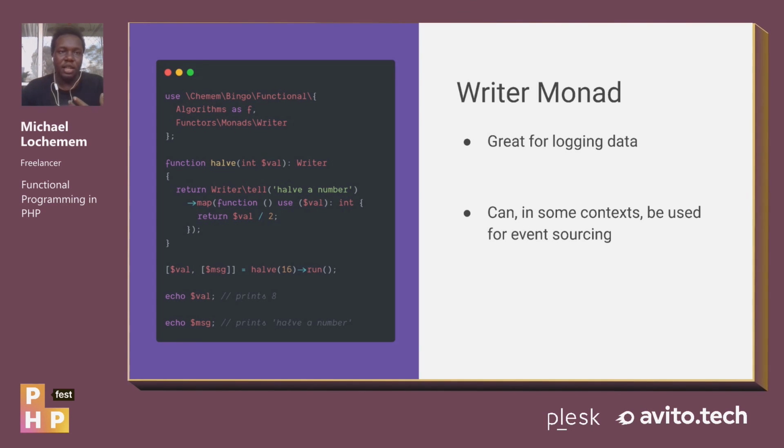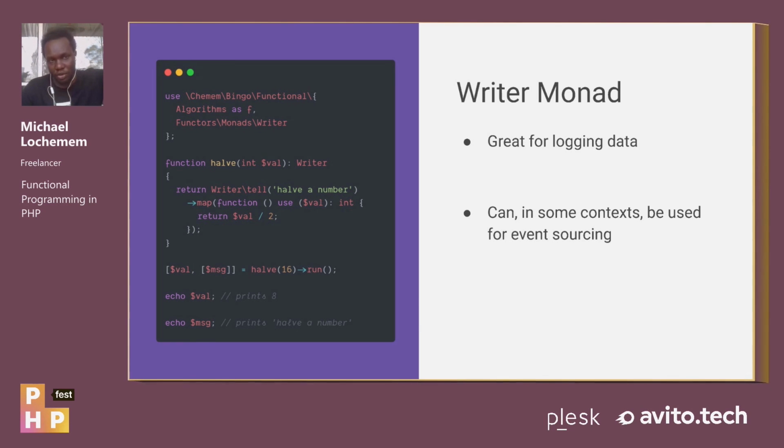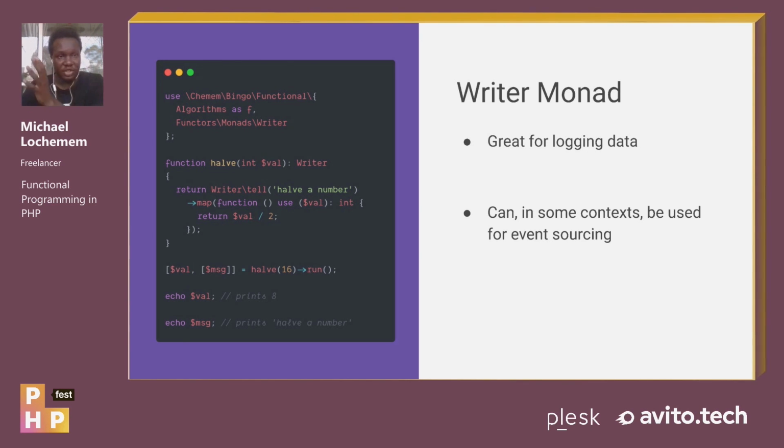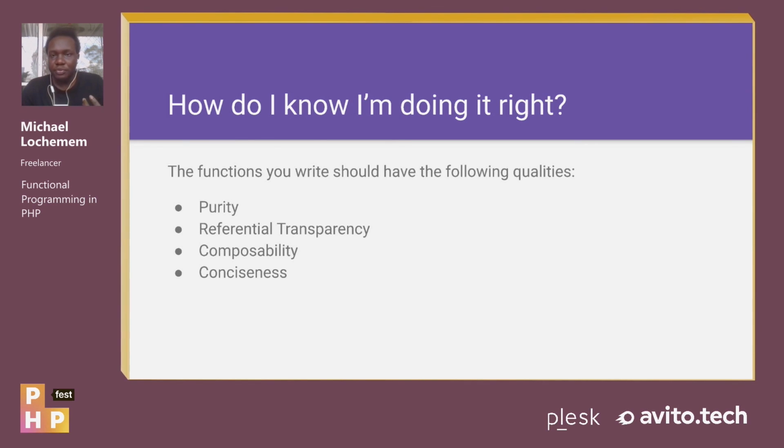Depending on how you use it, you can create simple event source models with it, because you're keeping track of a log for every transformation. So for every transformation, say I'm adding a number, I can keep track of it, and it is stored in a separate data structure. So this is another great tool that you can use to address the complexity of real-world apps.